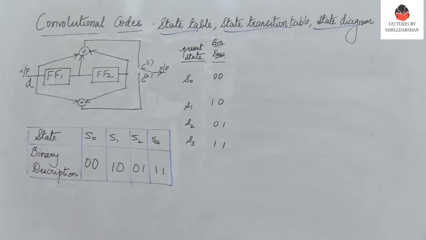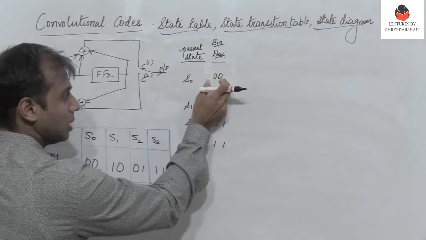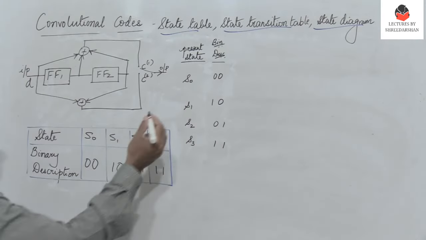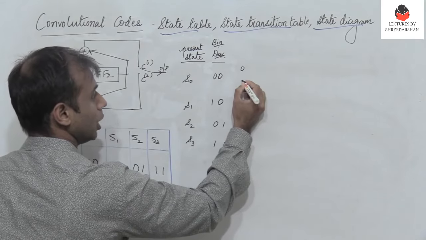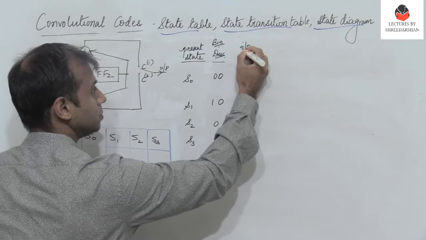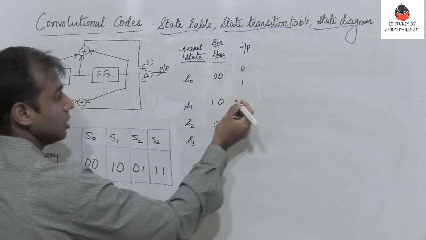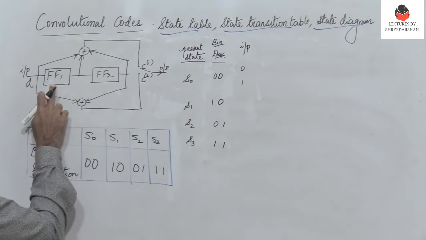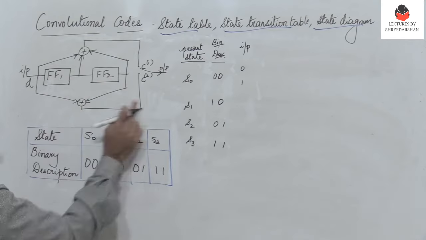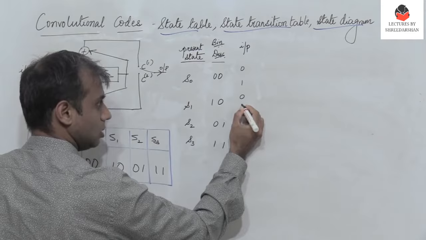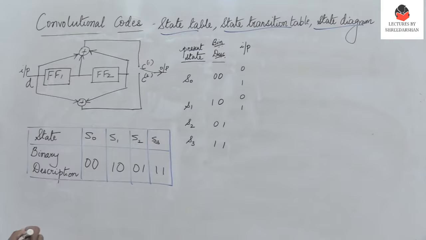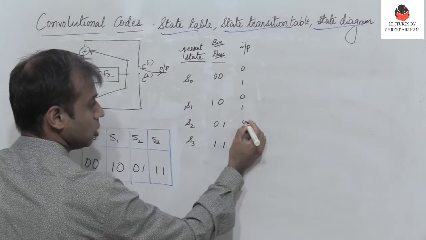Now what could be the input? The input here could either be 0 or 1. So if the present state is S0 with the binary description 0, 0, the input can either be 0 or 1. If the present state is 1, 0, that is S1, the input can also be 0 or 1. If the state is S2, I can either have an input 0 or 1.